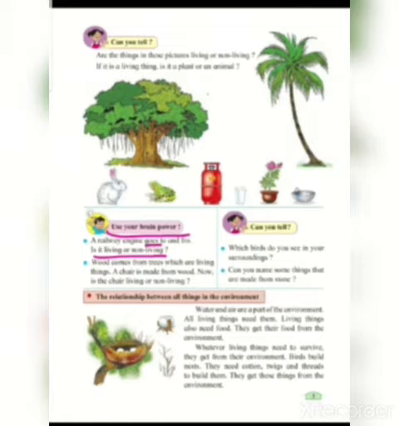Why? Because it does not eat food. It does not have life. See next. Wood comes from trees which are living things. A chair is made from wood. Now, is the chair living or non-living? Yes, you must have seen chair. A chair is made from wood.